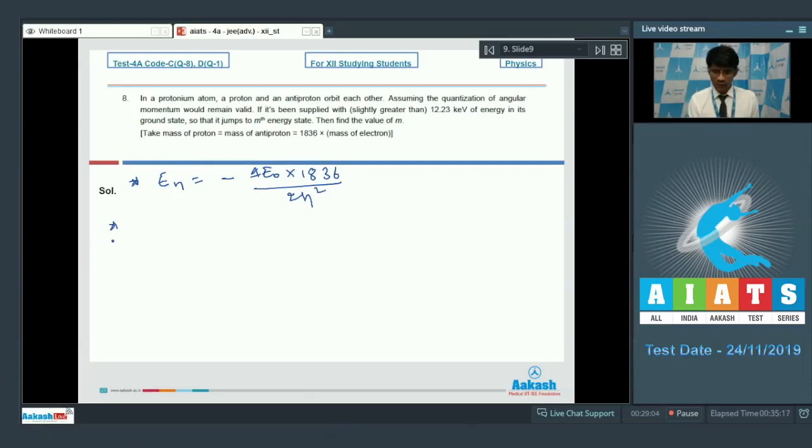So what I will say here, if 12.23 kilo electron volt of energy is supplied, then it jumps to mth energy state. So simply from 1 to m energy state, it would be delta E naught into 1836 divided by 2, into (1 minus 1 by m square).